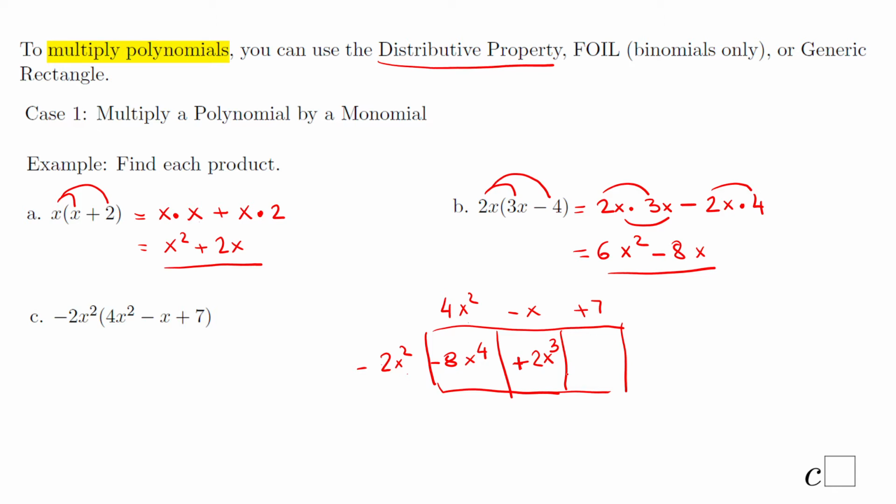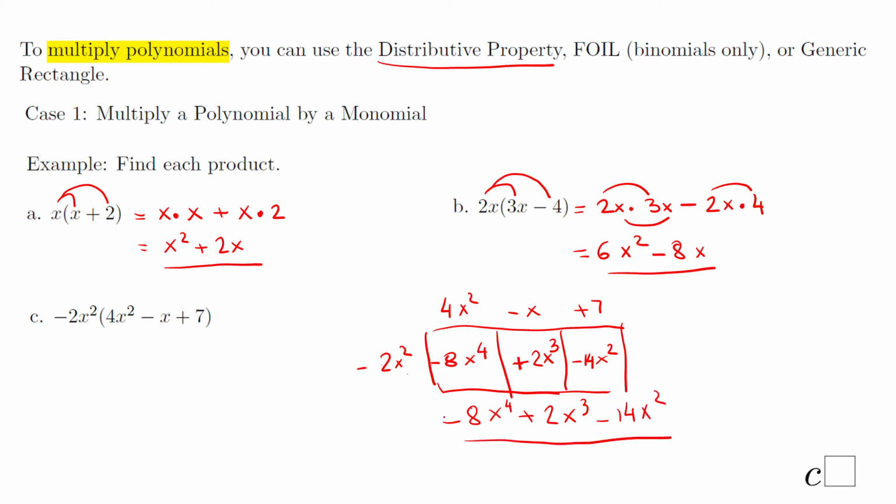Negative 2 times 7 is negative 14, and just x squared. So what you see in the boxes now is the answer: negative 8x to the 4 power plus 2x cubed minus 14x squared. That's it.